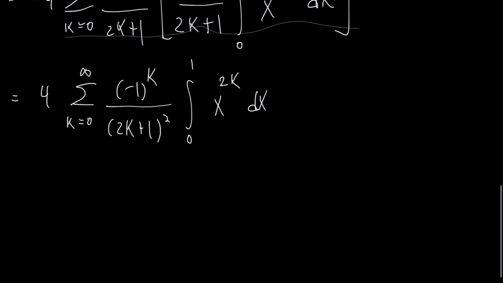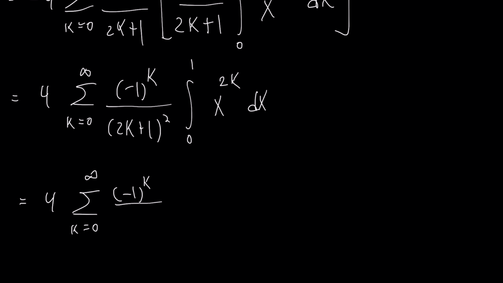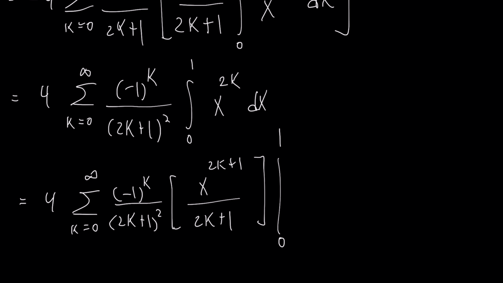It's a fairly standard integral. It's 4 the sum from 0 to infinity of (-1)^k divided by (2k+1) squared. We'll have x^(2k+1) divided by 2k+1 from 0 to 1.